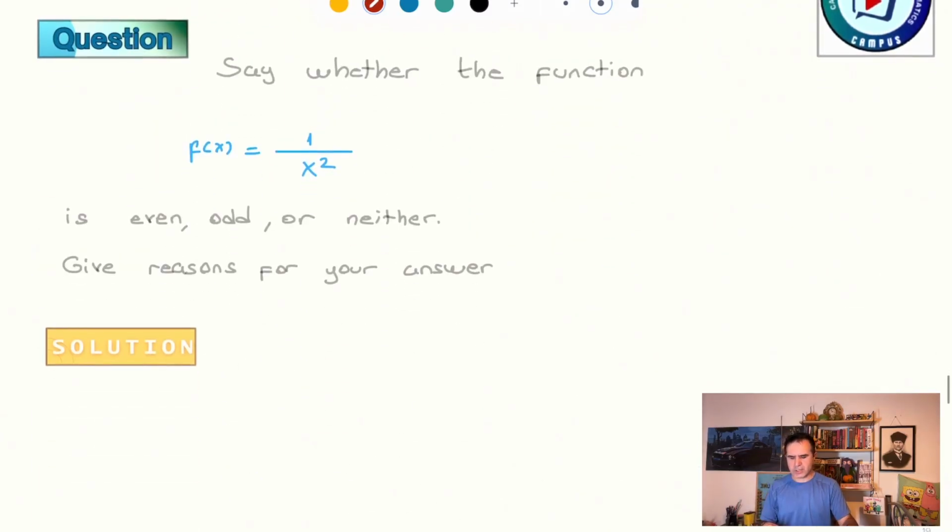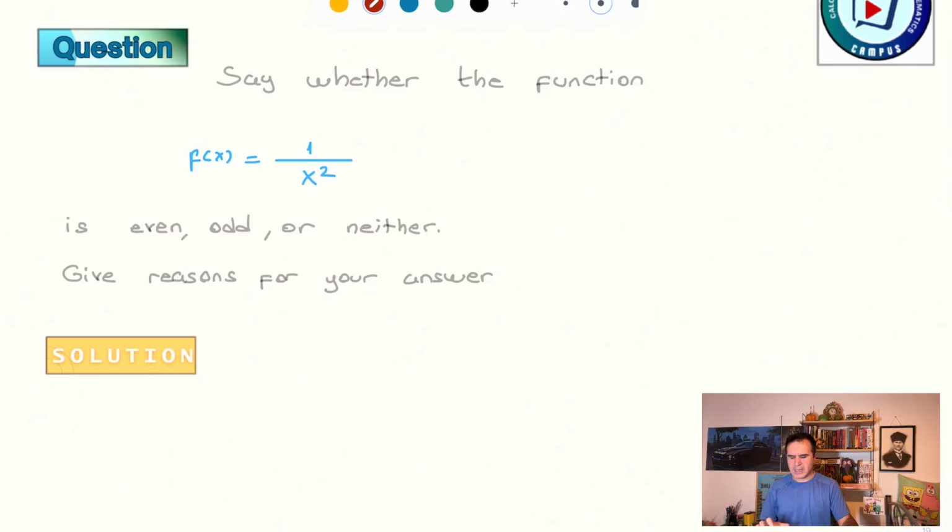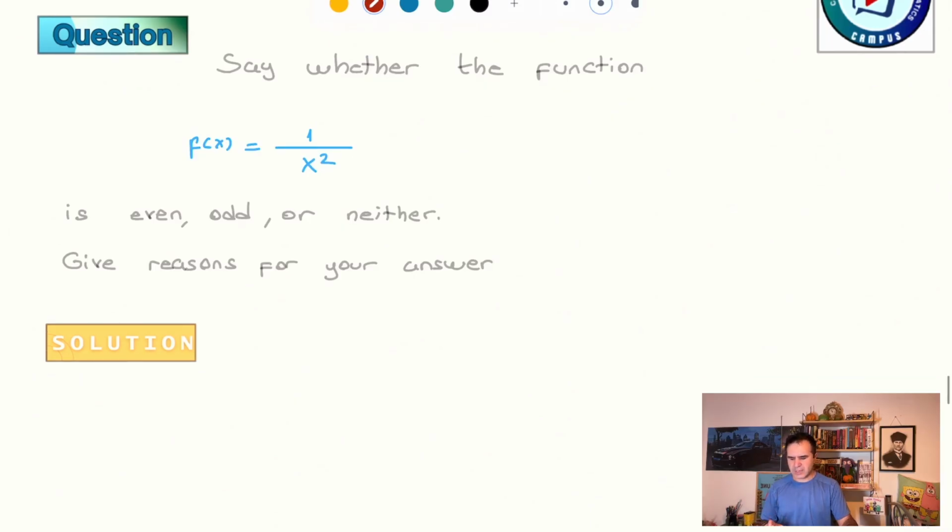The next question: say whether the function f of x equals 1 over x squared is even, odd, or neither. Give reasons for your answer. Let's determine again whether the function f of x equals 1 over x squared is even, odd, or neither. We will do this by calculating f of minus x and comparing it with f of x.